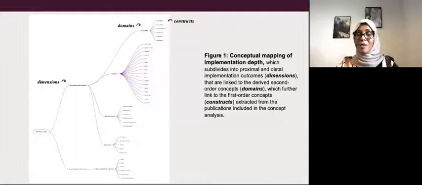That are linked to the derived second order concepts termed as domains, which are further linked to the first order concepts, in other words, constructs, extracted from the publications included in the concept analysis.